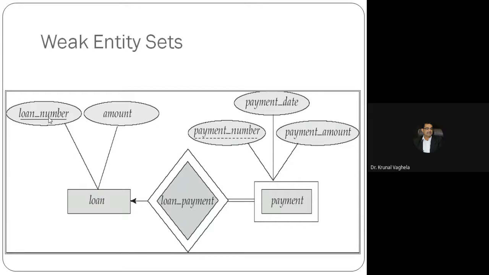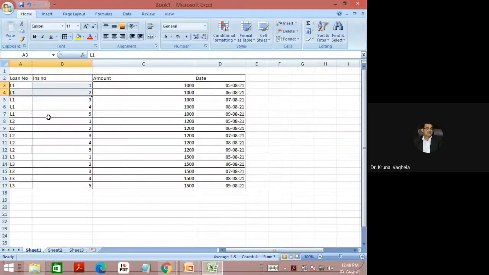Loan number and the payment number. Is there any payment two times for the same loan? I have paid my first installment 2 times. Is it possible? If you combine loan number and payment number, then that will be your primary key.